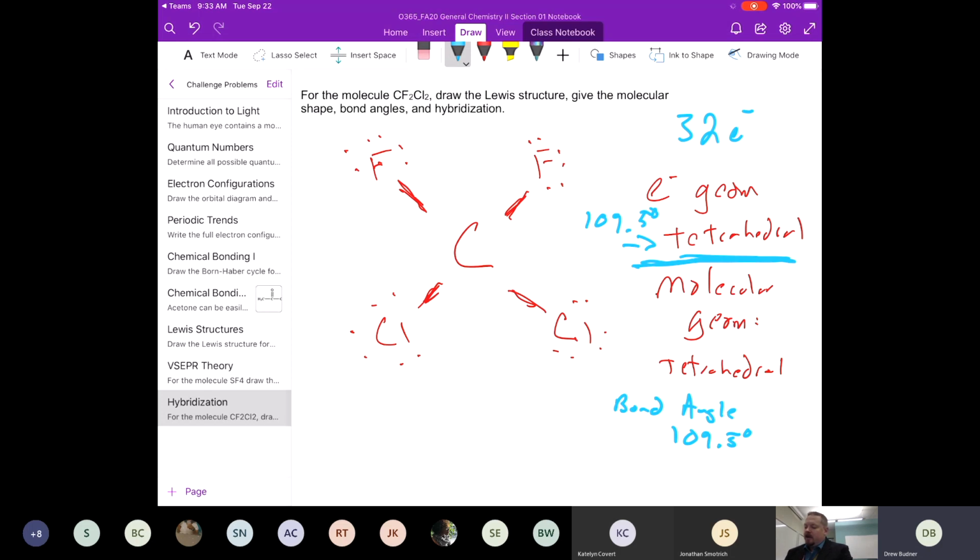So we have to mix together 1, 2, 3, 4 atomic orbitals. So we always start with the s, that's 1. Then we move to the p's, and we have a total of 3 there. So because it's tetrahedral in the electron geometry, the hybridization would be sp3 hybrid.